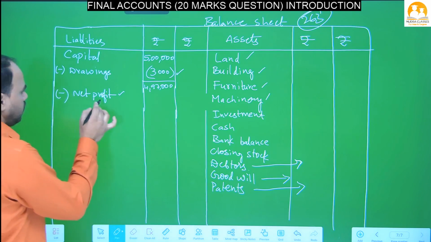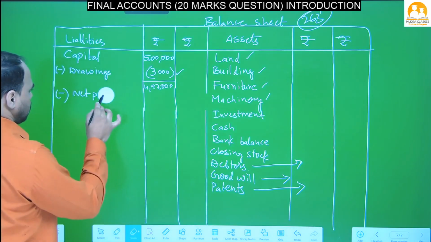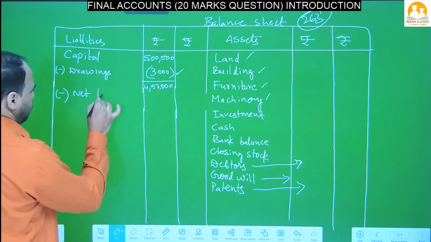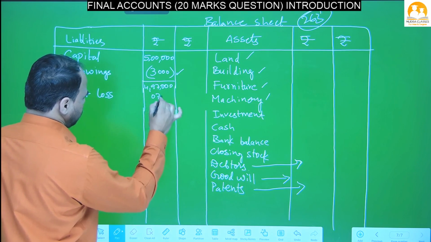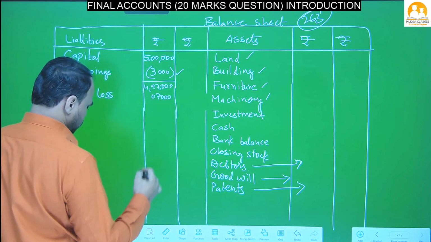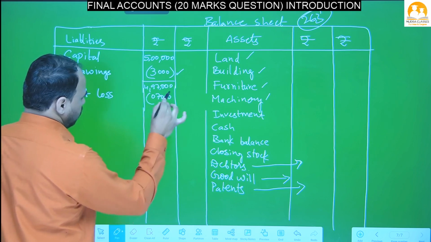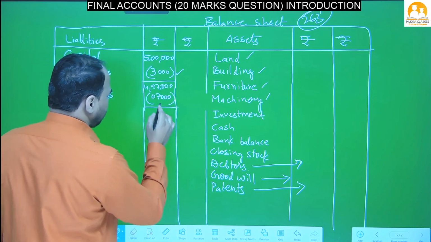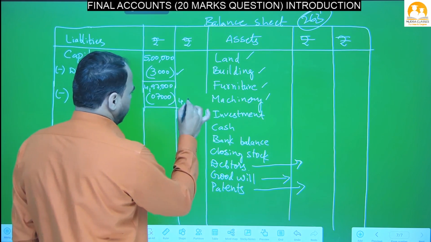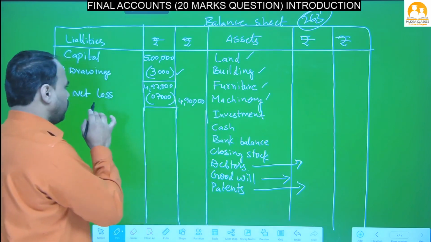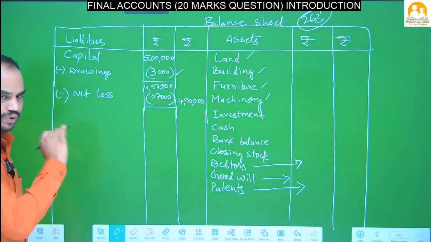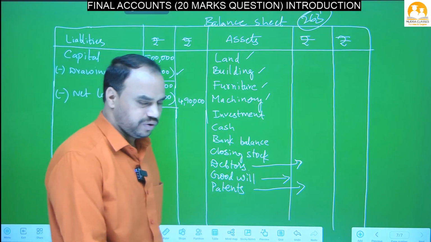Less net loss. For example, we got a loss of 7,000 rupees. So 4,97,000 minus 7,000 is 4,90,000 rupees, which we have to write in the outer column. Like this we have to deduct. If you got loss, we have to do minus. If you got profit, we have to add.